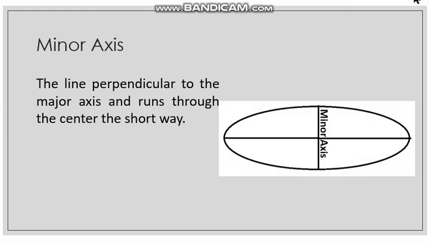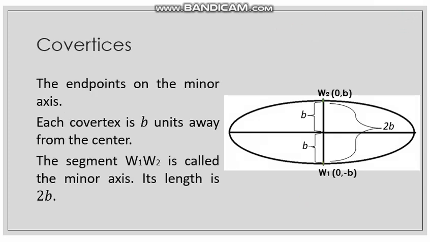Next is the minor axis. The minor axis is a line perpendicular to the major axis that runs through the center the short way. So may muna siya cross. From here to here, this is the minor axis. Here at the minor axis, we have the endpoints called co-vertices.